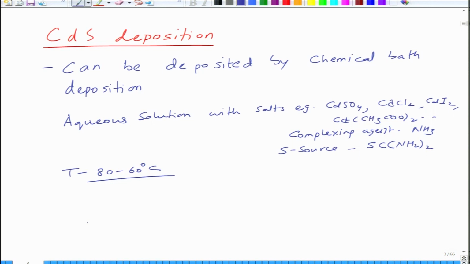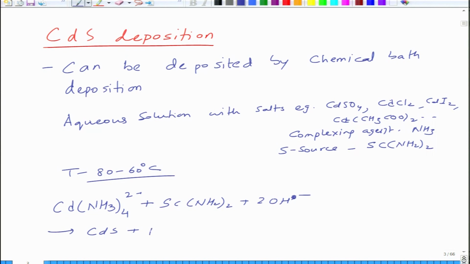This is also valid, by the way, for cadmium telluride solar cells. The reaction that takes place is Cd(NH3)4 2+ plus SC(NH2)2 plus 2 OH minus, giving rise to CdS plus H2NCN plus 4NH3 plus 2 H2O.